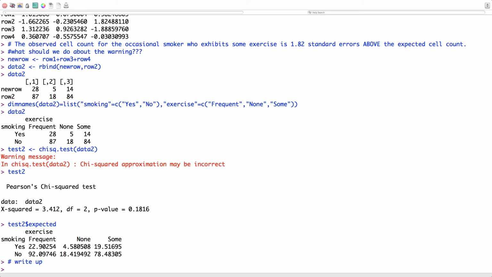I would say something to the effect of: there was not a statistically significant association between levels of smoking and levels of exercise, or frequency of exercise.